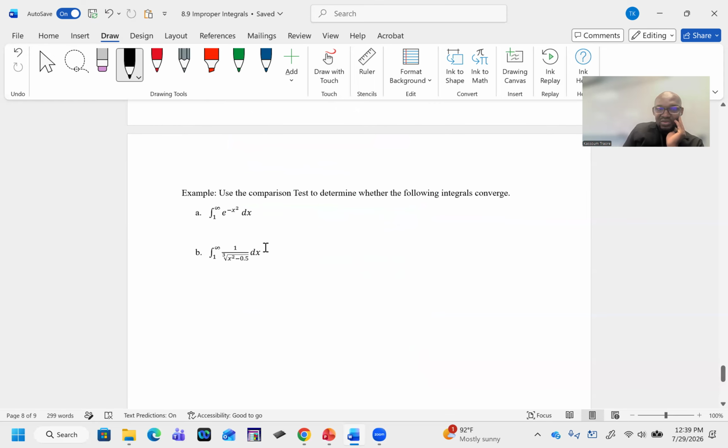So we are asked to use the comparison test to determine whether the following integrals converge. If they don't converge, that means what? Diverge, right? Okay, let's do this quickly.